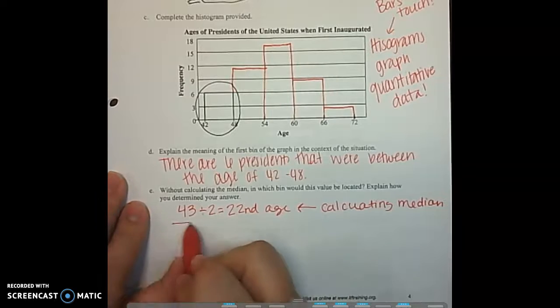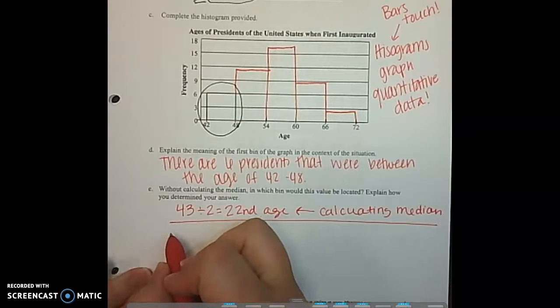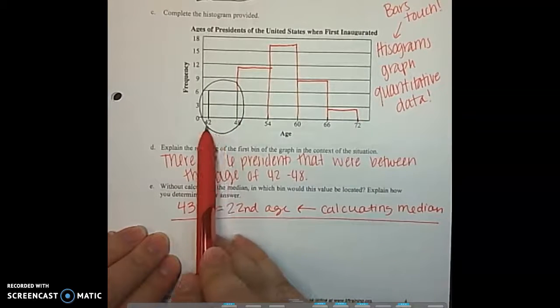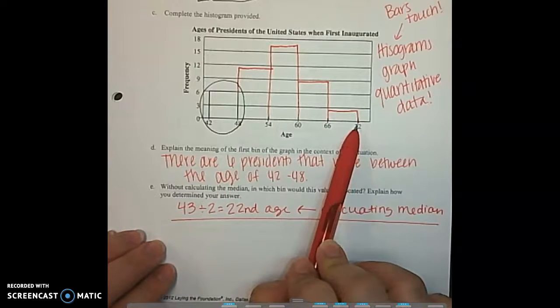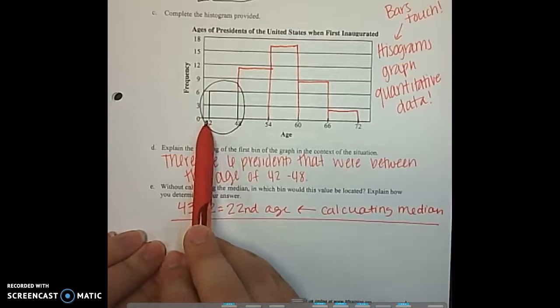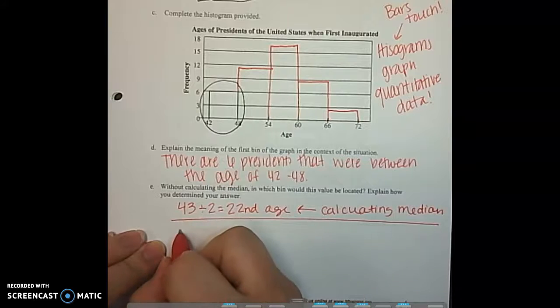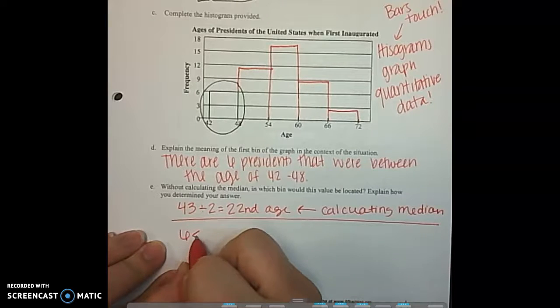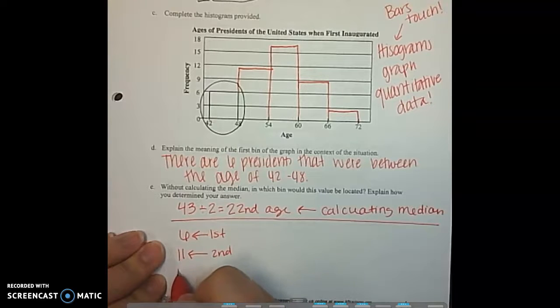So the way that we're going to do this is we know that there are 6 bins. So we have 6 different age groups. The initial age is 42, and there are 6 presidents in the first interval, 11 in the second, and 16 in the third.